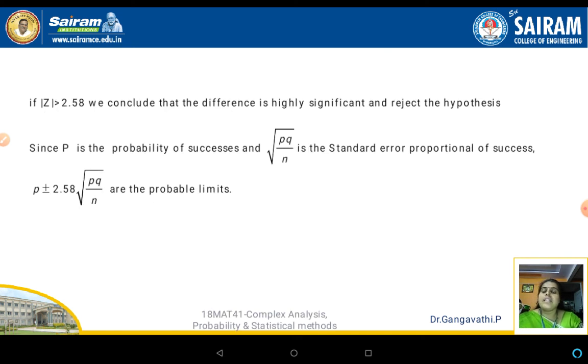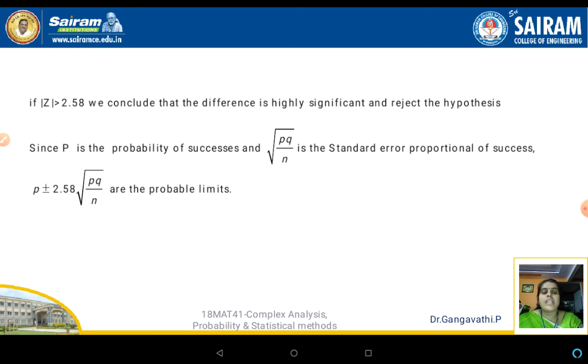So whatever Z expression we have discussed in the last slide, if the modulus of the Z value is more than 2.58, then we conclude that the difference is highly significant and reject the hypothesis. Here P is the probability of success, and the square root of P into Q divided by N is the standard error of the proportion of success.